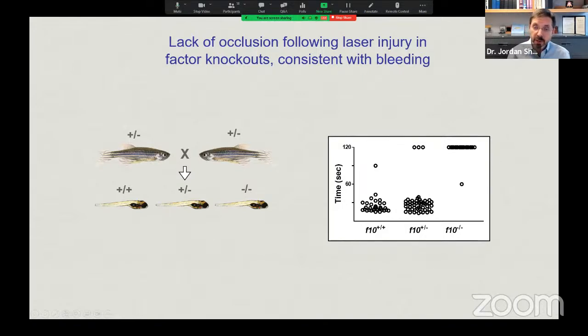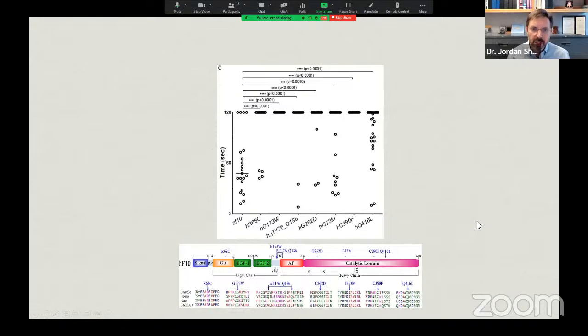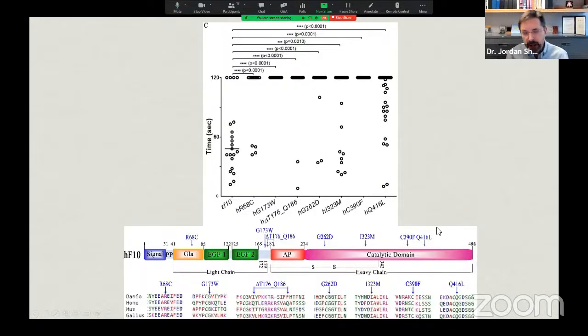And what was surprising, the reason this was surprising to us, actually, I'll come back to that in a moment. But one thing we can do with these is we partnered with Flora Pavandi in Italy, and we looked at this, the factor 10 gene. This is the domains known for the gene. This is the amino acid sequence. We're comparing fish to humans, to mouse, to chickens.